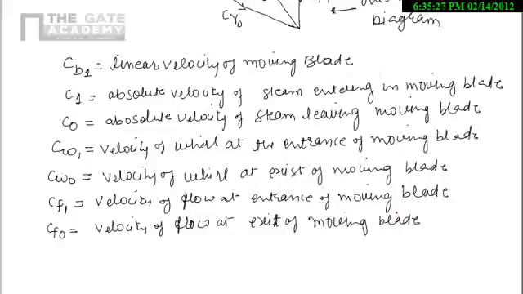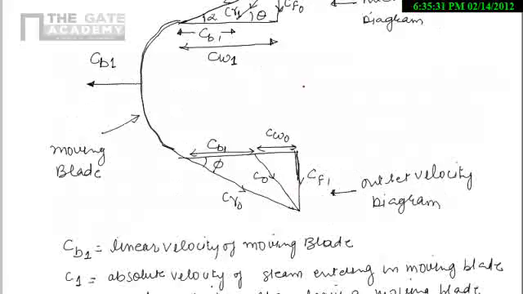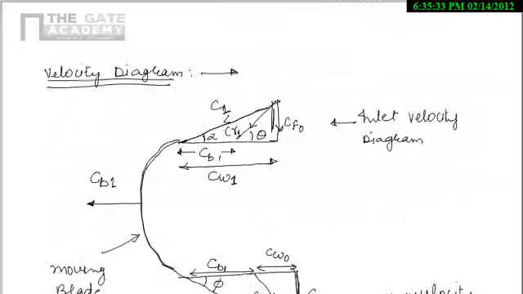I will mention one thing here, that is velocity of flow is nothing but it is axial component. So this axial component will put thrust on the turbine. So this is responsible for producing thrust on the turbine.